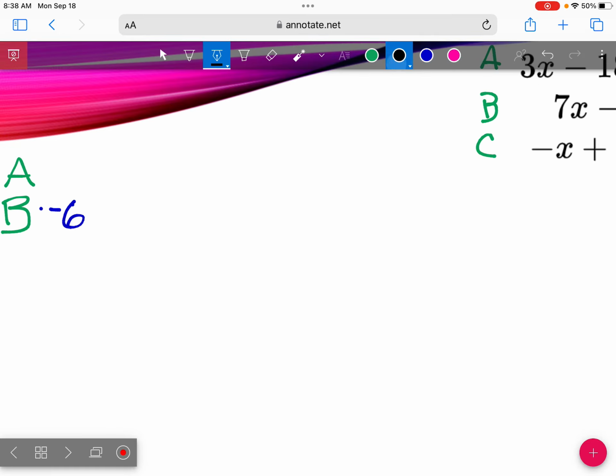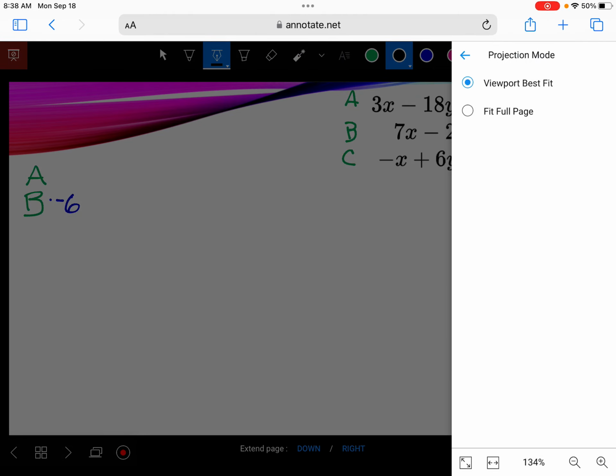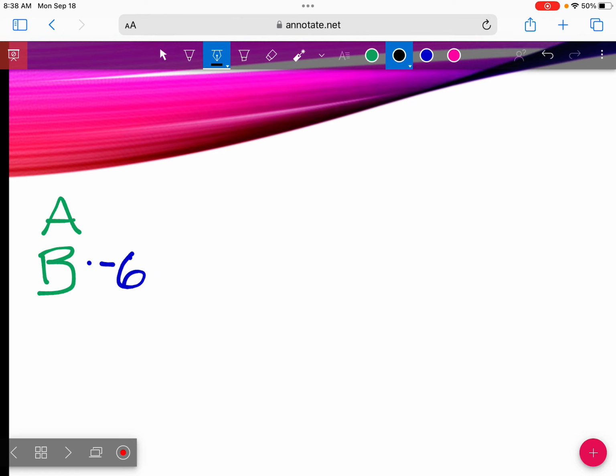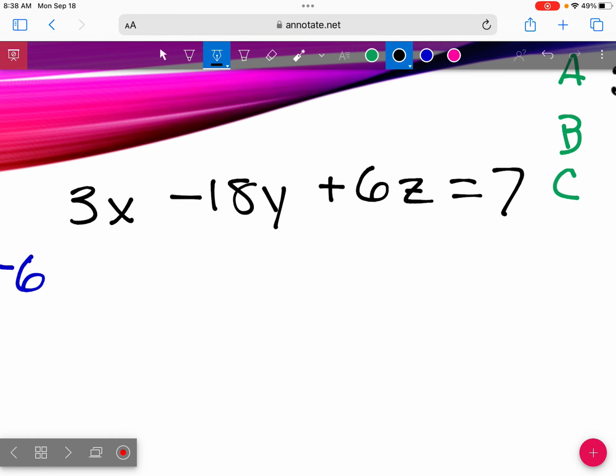Negative 6. So I'm going to bring it down. So we've got my A. Let's lock this out to full page just so you guys stop having to watch my Zoomy games. 3x minus 18y plus 6z equals 7. And then my B times negative 6 gives me negative 21x.